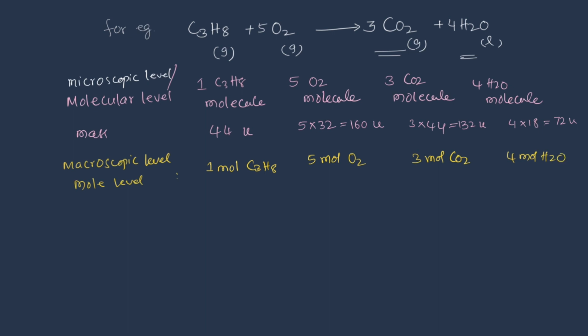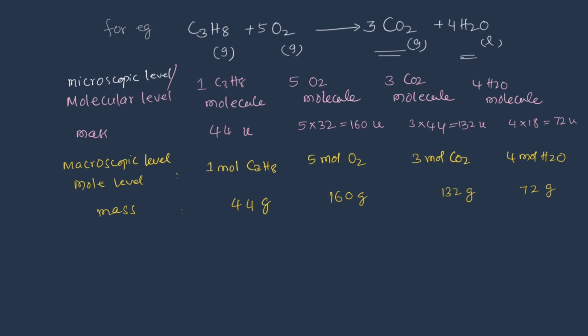Now 1 mole C3H8 molar mass is 44 gram. In moles it converts into gram, so this is the mass. So mass of 1 mole C3H8 is 44 gram, 5 moles of O2 is 160 gram, and this is 132 grams, 72 grams.